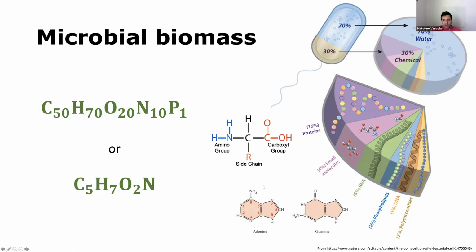You can see DNA and RNA, some of those elementary molecules that make up nucleic acids, also, of course, have carbons, hydrogens, nitrogens, and oxygens. All right, so these are the four most important molecules when we talk about microbial cells.